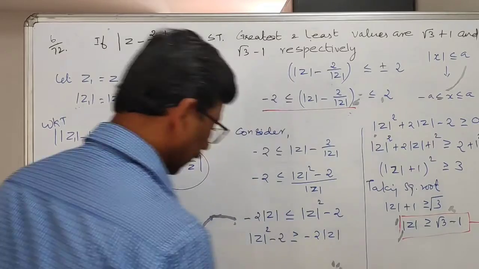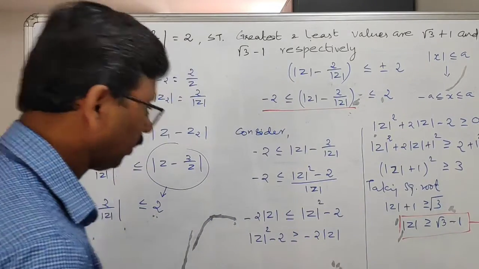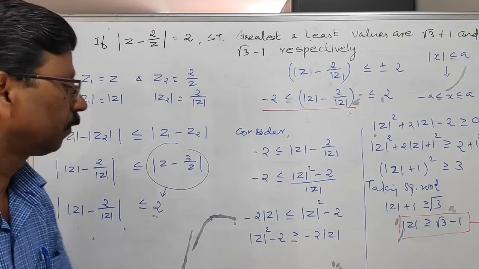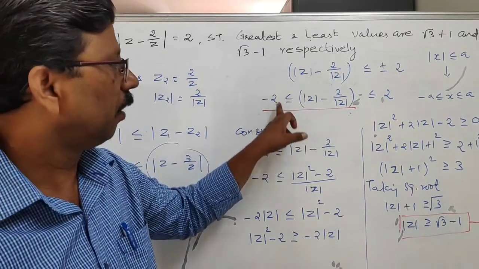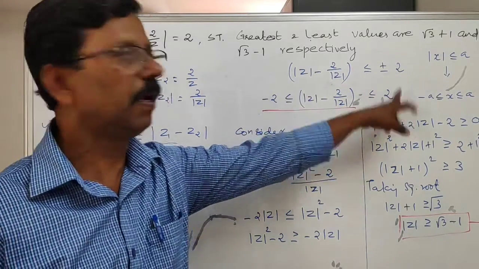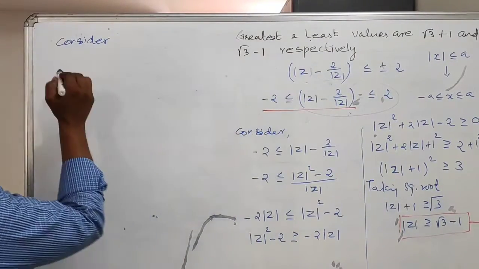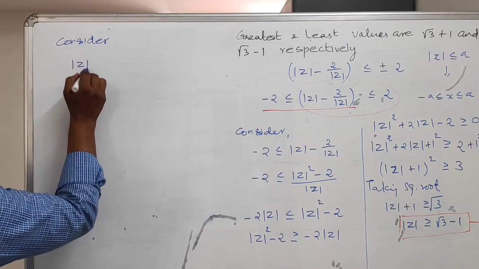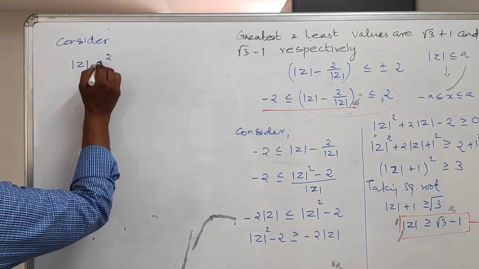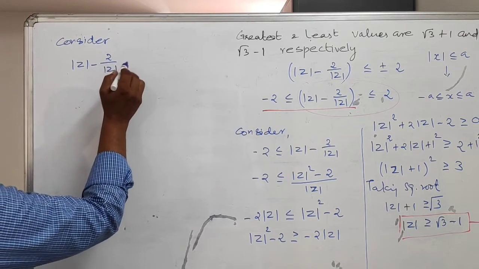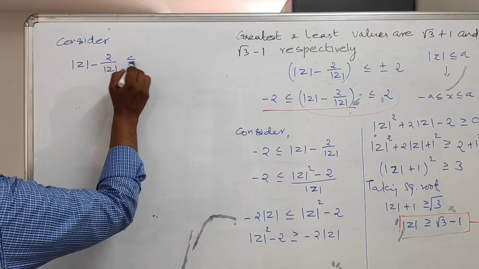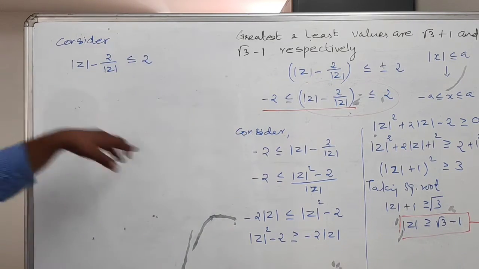Okay. Now after that we can go for another result. We have considered only the left part. Now we can go for the right hand side part. See what is there? |z| − 2/|z| ≤ 2. Again same process.